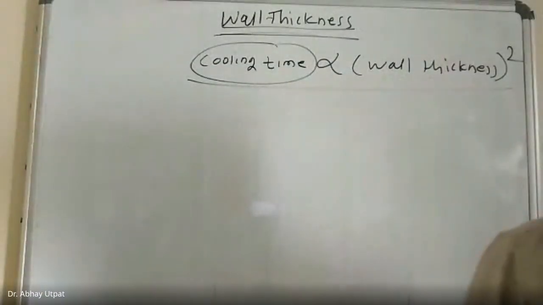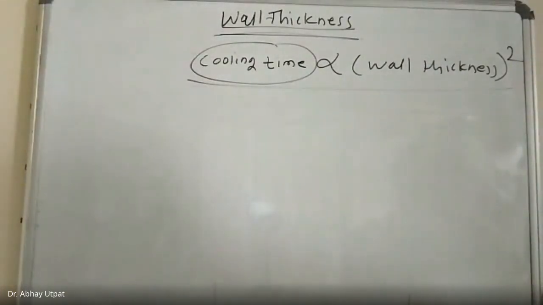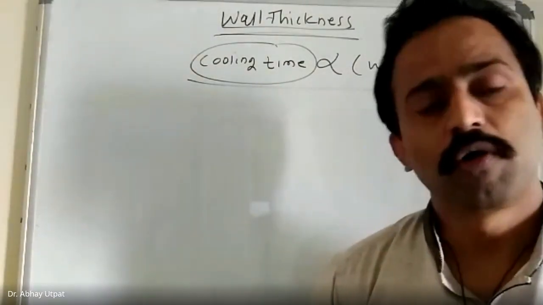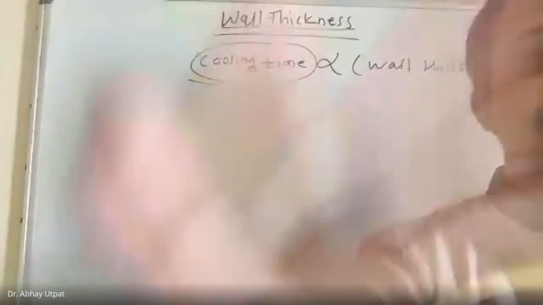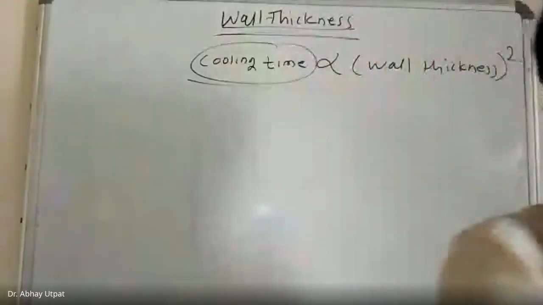Okay, so you write down this, and write one statement. One of the most important rules of plastic part design is wall thickness should be less and uniform throughout the part.